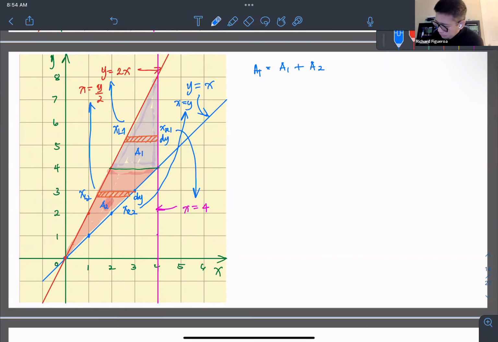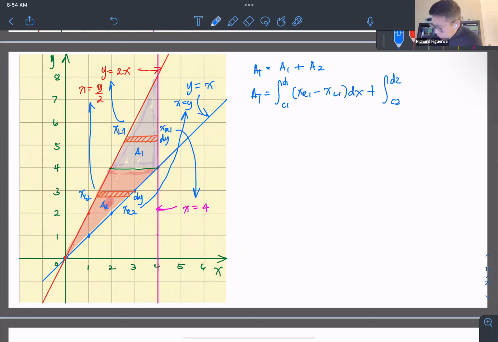So to get for the total area then, so yun yung C1 to D1, and then XR1 minus XL1 dy, and plus C2 to D2, XR2 minus XL2 dy.